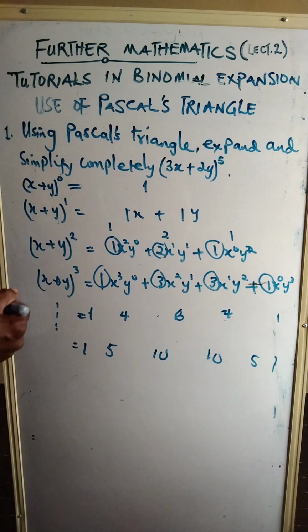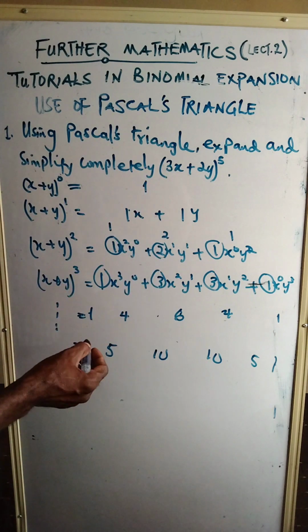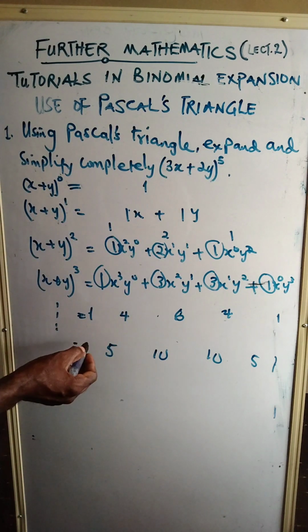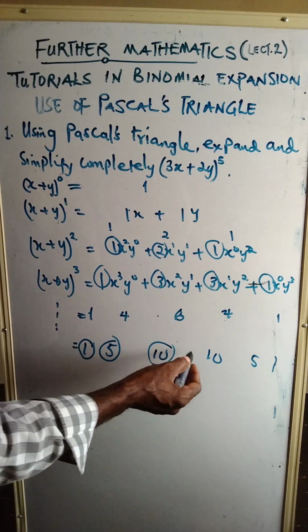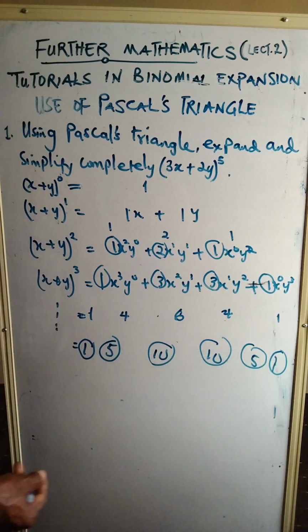So carry out the expansion using Pascal's triangle. The leading coefficients for the expression raised to power 5 will be 1, 5, 10, 10, 5, 1.